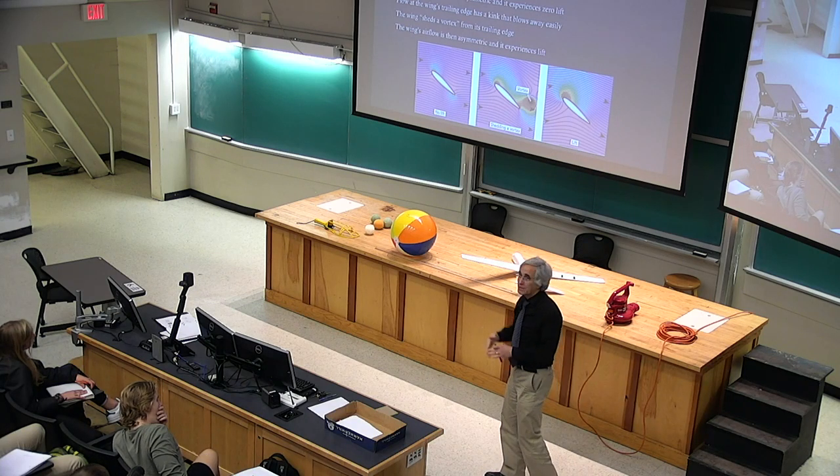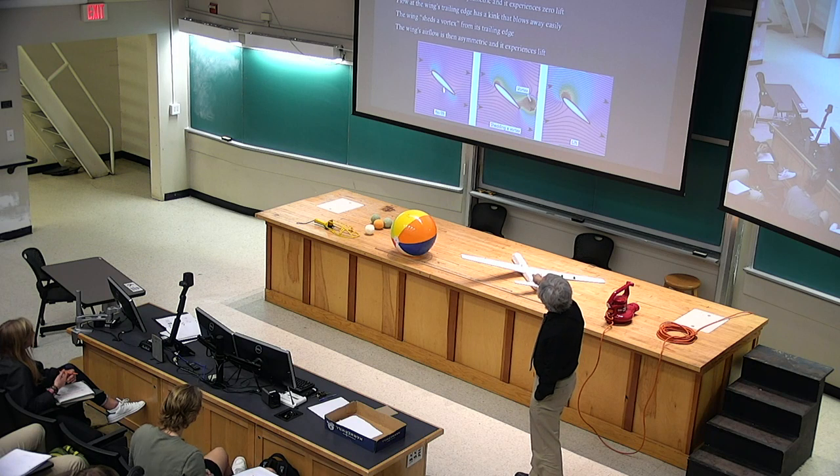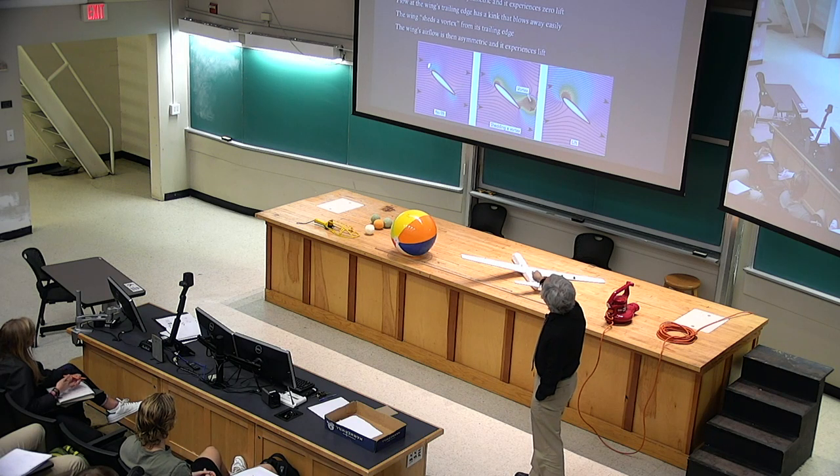The moment after it tips, the airflow hasn't figured out how to flow around it yet, and it hasn't reached the real steady state that it wants to be in. This is the first arrangement. It tries, and it develops no lift.